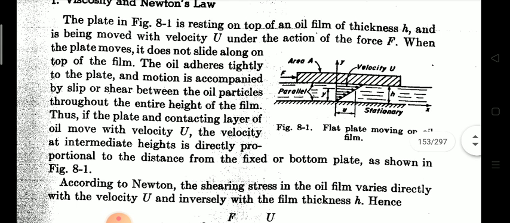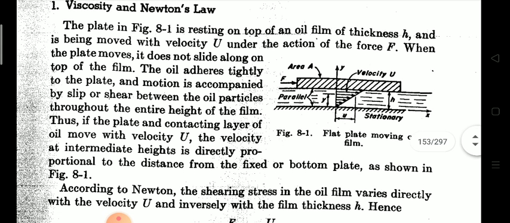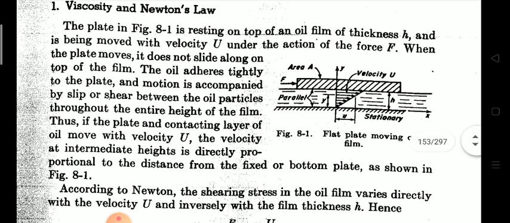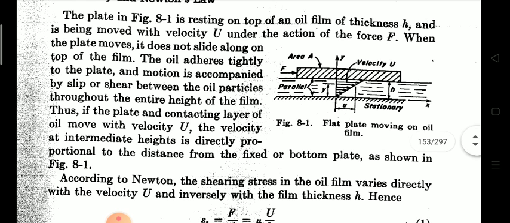Now the oil film tries to move in the direction of the plate, but due to frictional forces or frictional losses, the velocity decreases layer by layer. So the velocity throughout the entire oil film is directly proportional to the distance from the fixed or bottom plate, right.